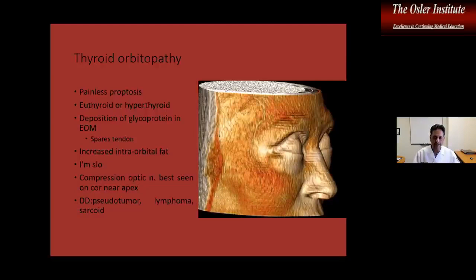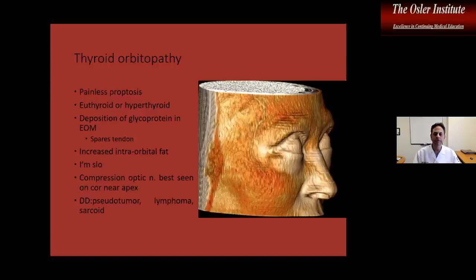You can also have it mainly affect the fat, and in that case, your extraocular muscles will look relatively normal, but it can affect your muscles mainly as well. So you can have the kind where you don't have a lot of inflammation, but you have a lot of fatty involvement.